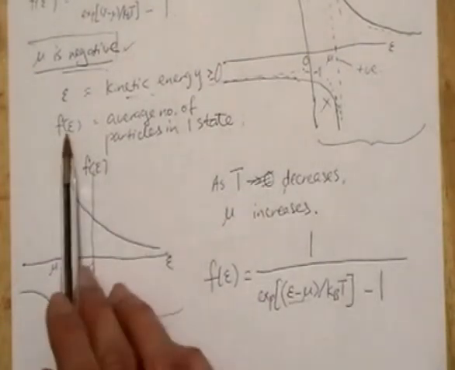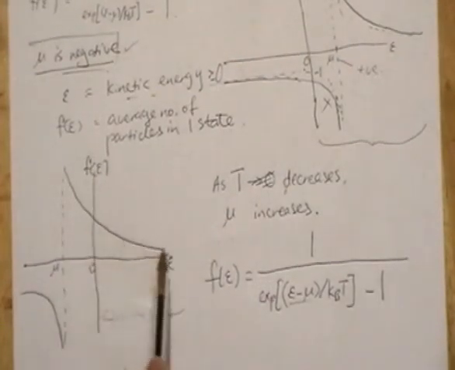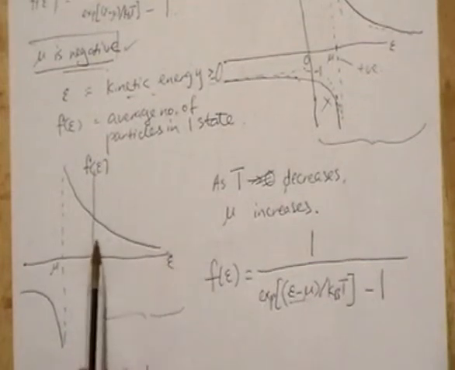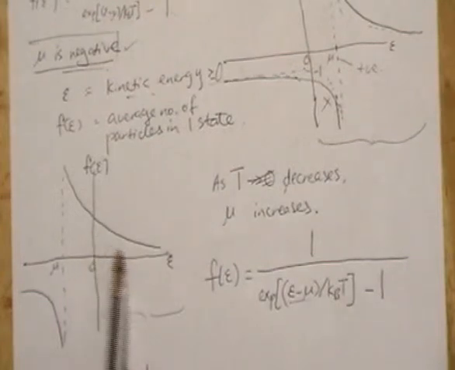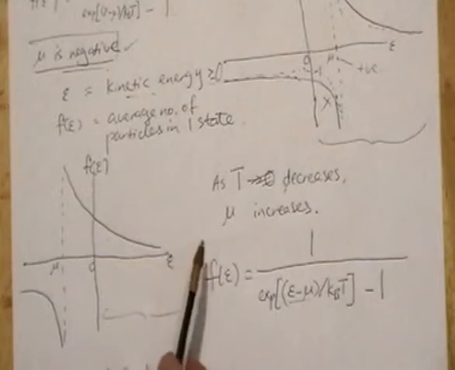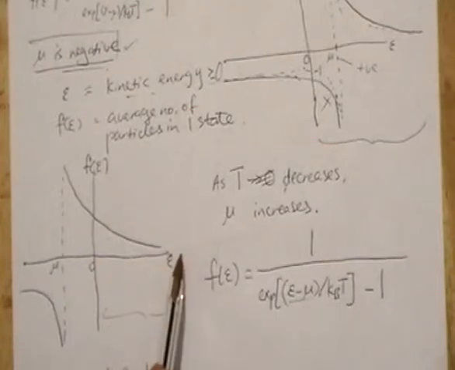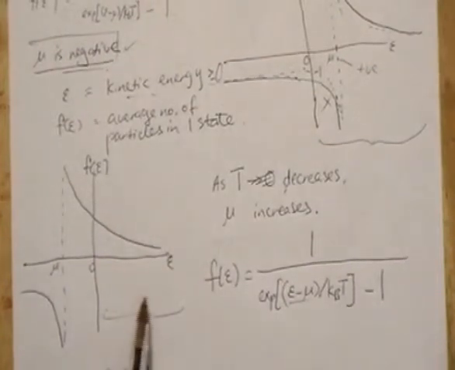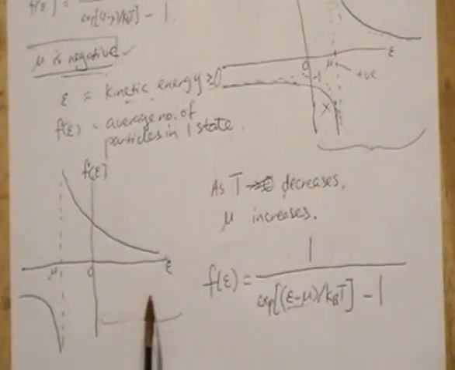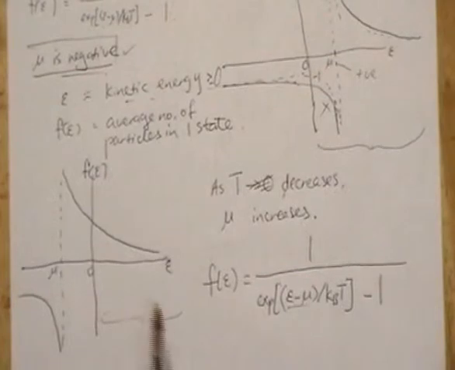So if Fe decreases, if the whole curve decreases, it means that the particles in all the states decrease. And that must mean that the total number of particles decreases. But that cannot be right, because it means that particles are disappearing.